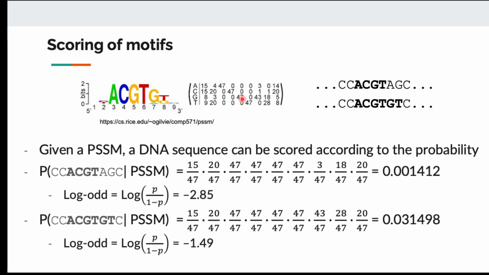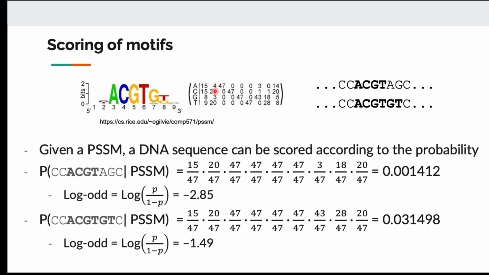So let's say you have a new sequence like this. The chance that you will see A, C, C, C, A, C, G, T, A, G, C, given that it comes from this motif, is going to correspond to the chance that I see a C in the first position. It's going to be 15 over 47, because from the data I have 15 C at this position. What about the probability of seeing the second C?